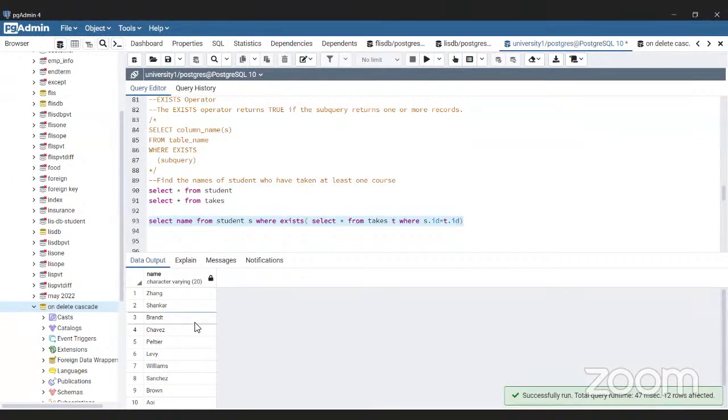So you will find the list of students who have taken at least one course.